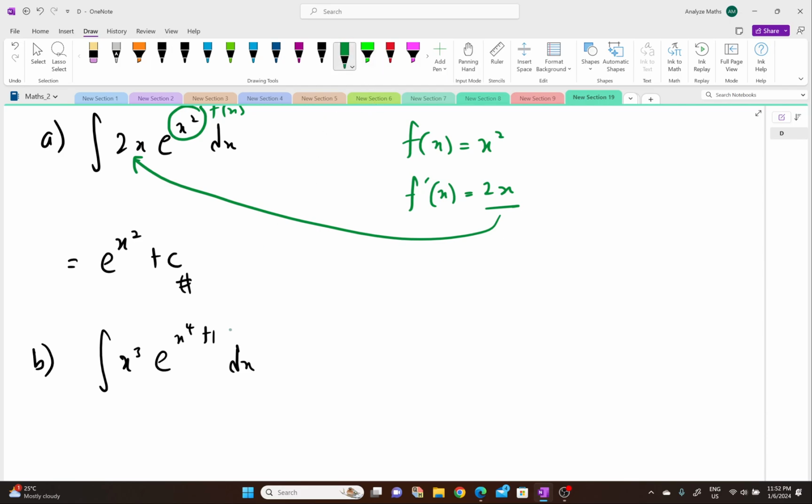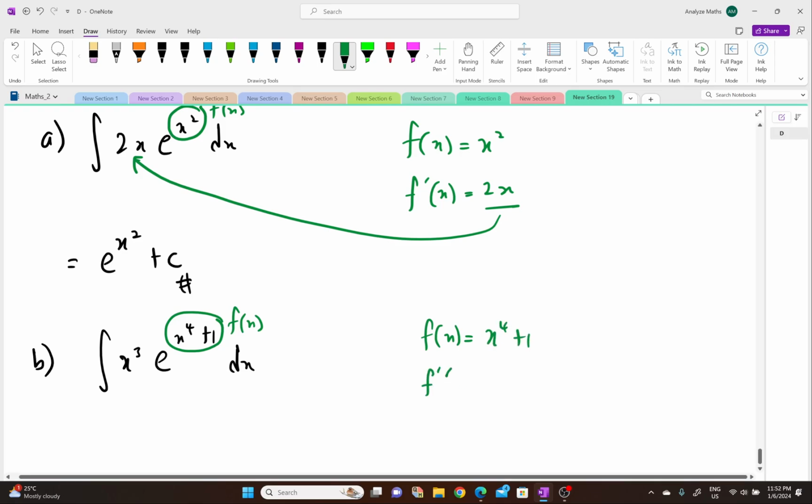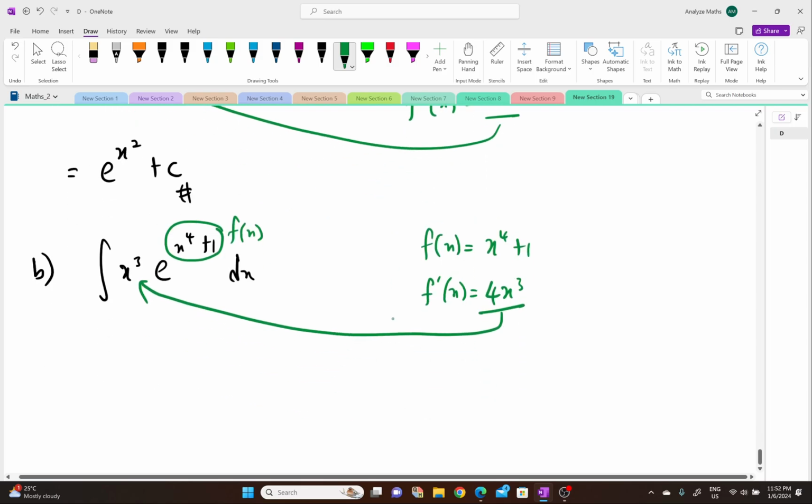What is my fx? This is my fx. If I differentiate this, I get 4x cube. Is the 4x cube is here? No. X cube is there and x cube is there, that is fine, that is good. Okay, variable is there, is okay.